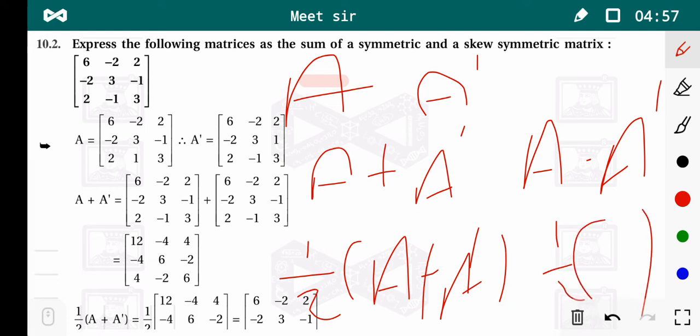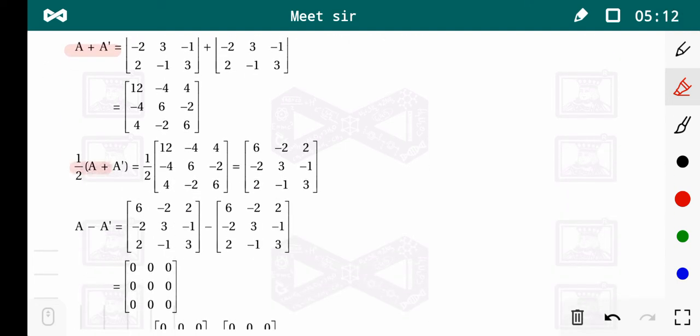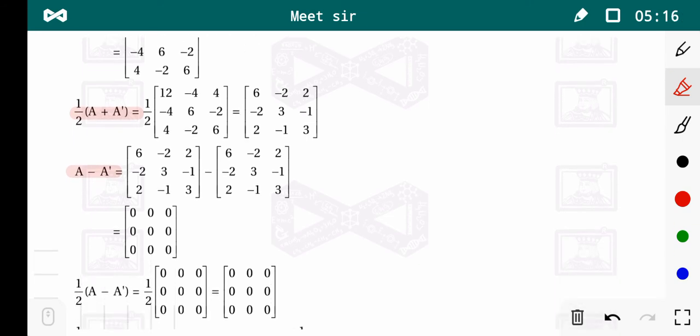And we know that A is equal to 1 half (A plus A dash) plus 1 half (A minus A dash). See here, we do the same thing. A is given, we find A dash, then we find A plus A dash, then we find 1 half (A plus A dash), we find A minus A dash.